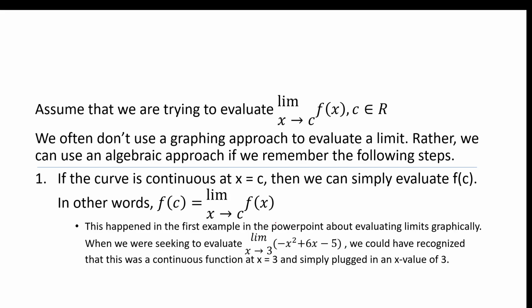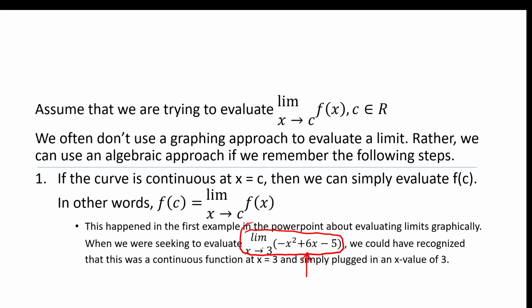Okay? So for instance, in the video that some of you might have seen earlier, we were evaluating the limit shown. Well, we could have recognized that that is a continuous function over all real numbers, and so it's continuous where x is equal to 3 on both sides of that.